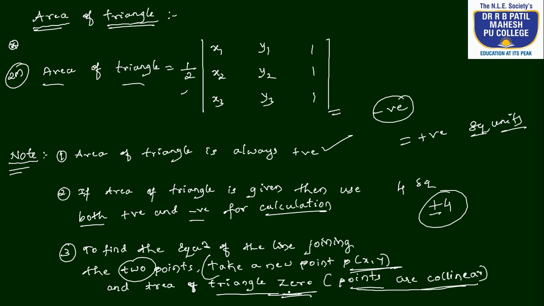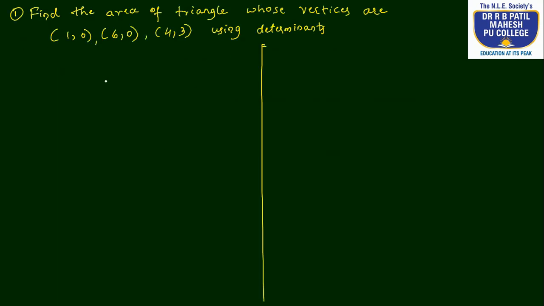Number 1, find the area of triangle whose vertices are 1 0, 6 0, 4 3 using determinants. So let me write the point A 1 0, the point B 6 0, and the point C 4 comma 3. These are the given points.